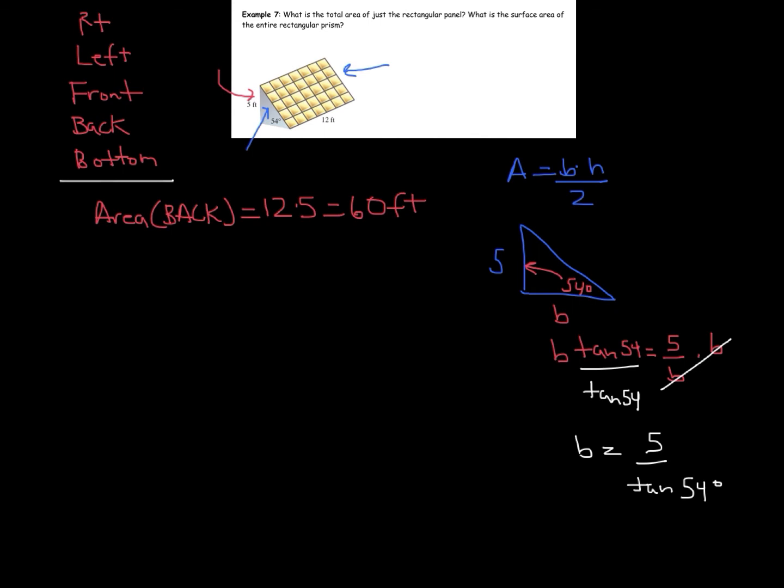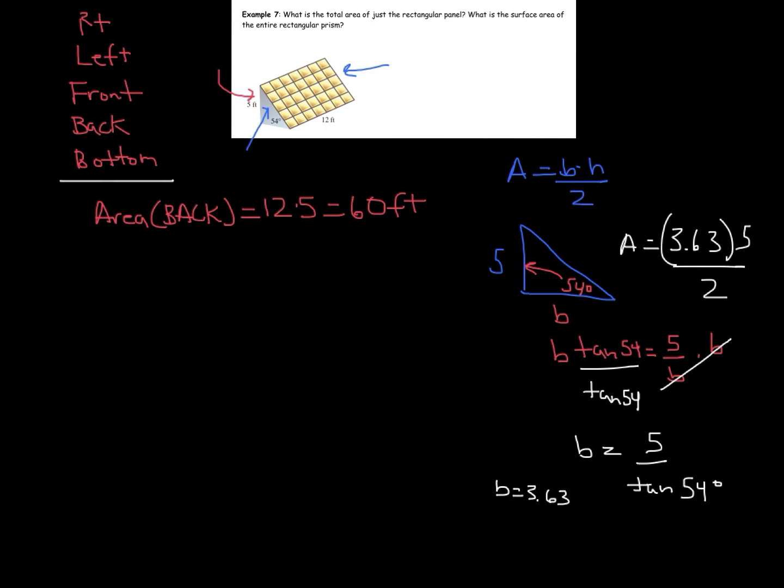So we need to use our calculator and figure out what 5 over the tangent of 54 is. And that is going to be 3.63. So the b is 3.63. All right, that just gives us b. So now we need to find the area of this particular triangle. So the area of this triangle is going to be base, which we just found, which is 3.63, times height, which we already knew is 5, divided by 2.